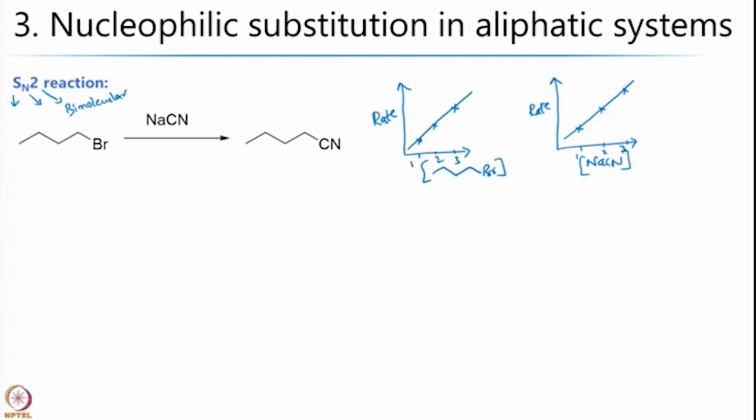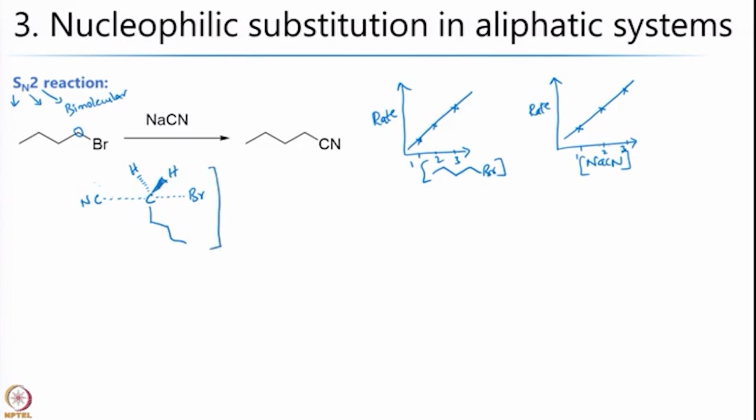Okay. And one of the ways to account for this is the following mechanism, that is, I have a carbon which is having a leaving group. So, I am depicting this carbon now here. Okay.